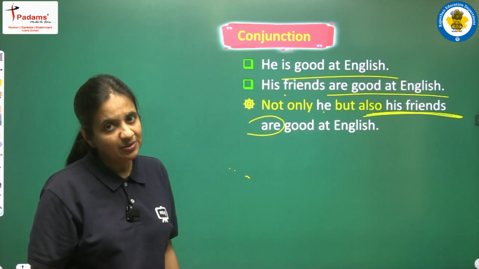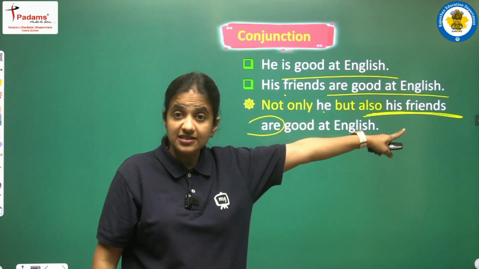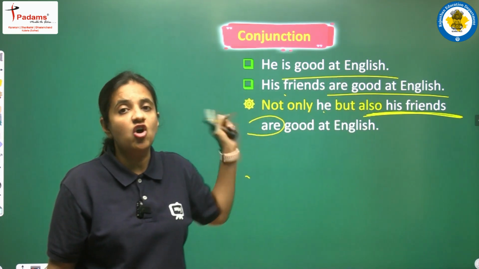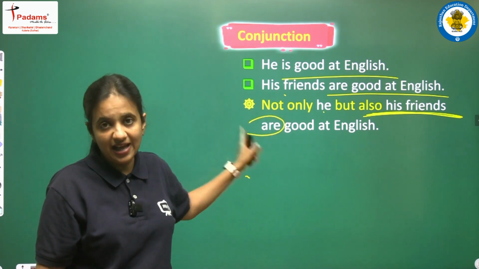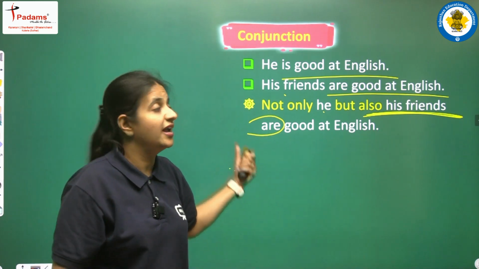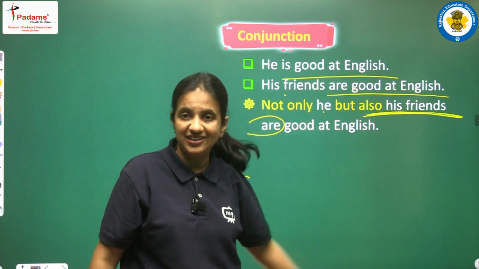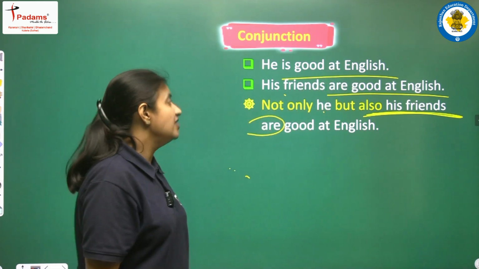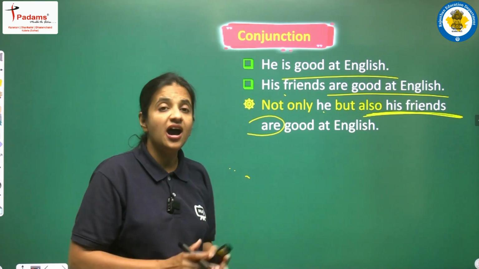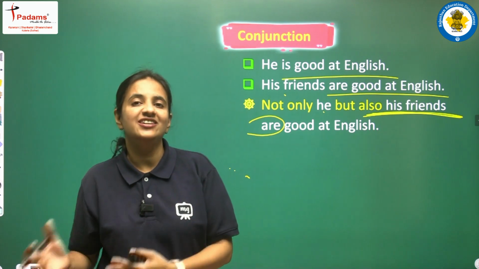So the helping verb will be according to the second subject. The second subject is plural here in the sentence. So according to "his friends" we are using "are" here, and after that "good at English". So the complete sentence will be: not only he but also his friends are good at English.